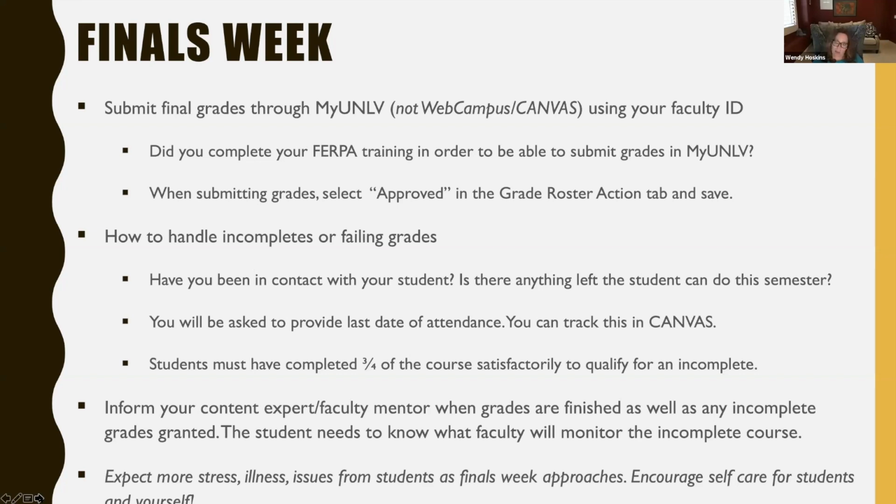And the other piece that a lot of us need to remember is when you go input your grades in the grade roster in UNLV, there's a grade roster action tab sort of towards the top right, maybe about a third down, and you select approved. Until your grades are approved and saved that way, grades are not finalized. So you'd want to make sure and do that.